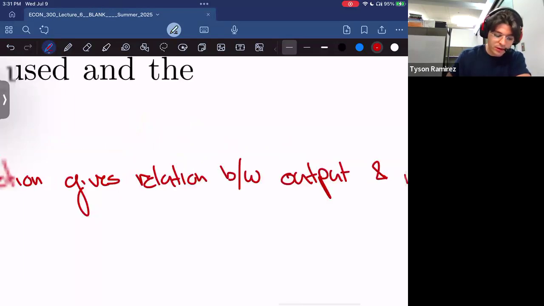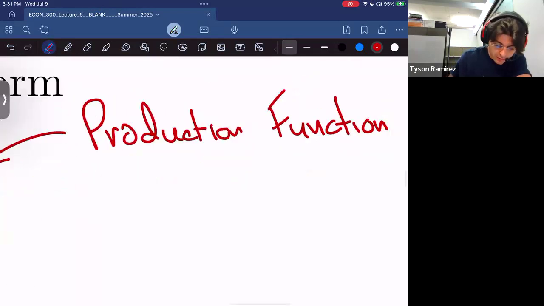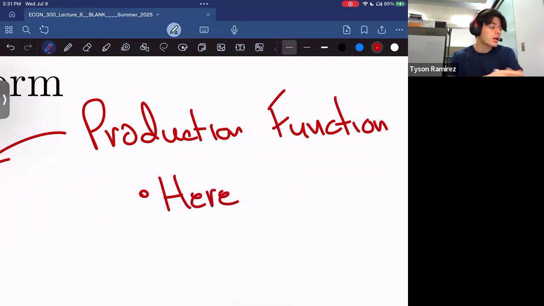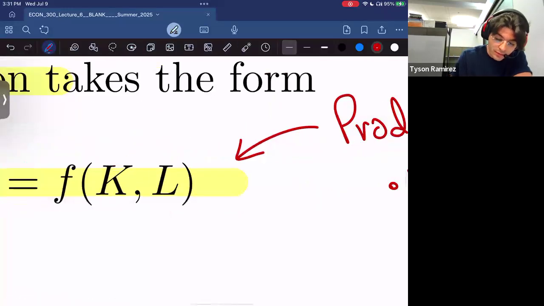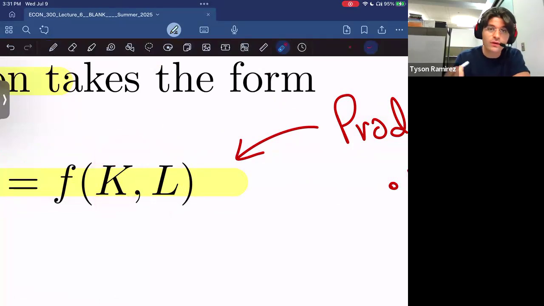But specifically, I just wanted to note here, and for this class, we're only going to be focusing on labor and capital. K in econ refers to capital. You can think of this as the machines that you rent or anything that must be rented for you to do your business. Meanwhile, L is labor.